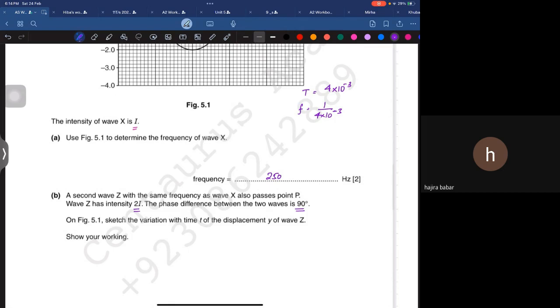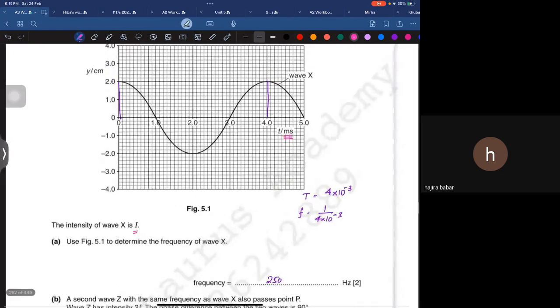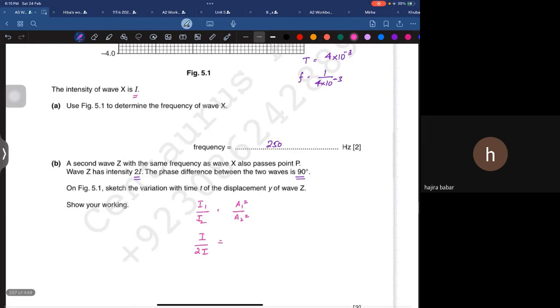All right, kids? First of all, we need to figure out the amplitude of that wave. We know the formula is I1 over I2 equals A1 squared over A2 squared. The intensity of the first wave was I, the second wave was 2I, and the first wave amplitude is 2, as you can see. So I'm going to write 2 whole squared. You don't need to make any conversions because this is a ratio.